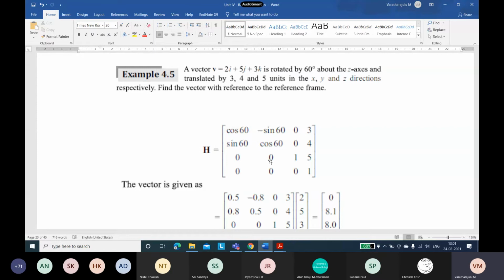And as we know, when we are dealing with the z axis, the third row and column in the matrix should be 1 and the rest should be 0. We keep the main diagonal as cos and the secondary diagonal as sine, and instead of theta we apply 60°, and the last column, the fourth column, should be 3, 4, 5.